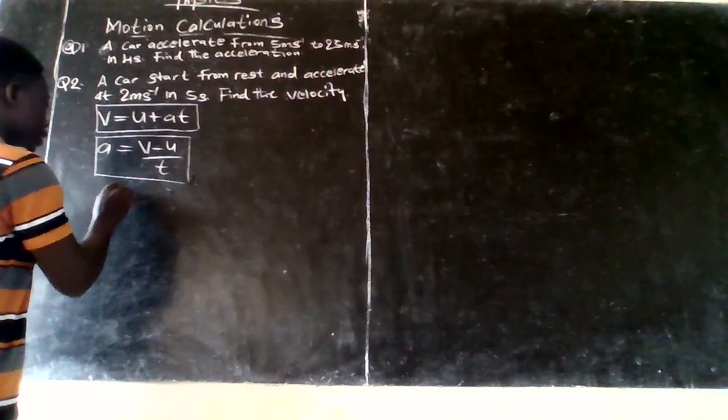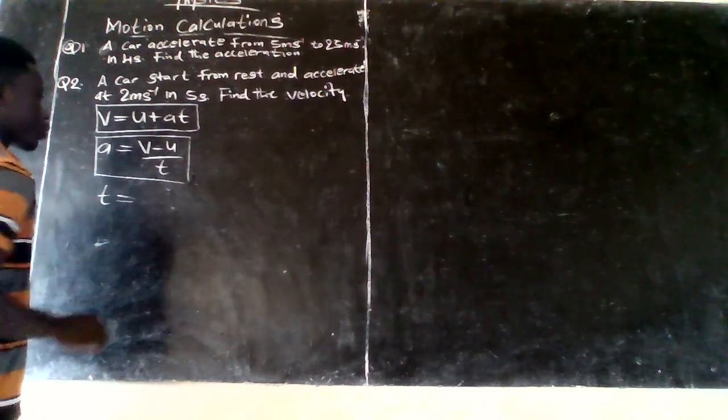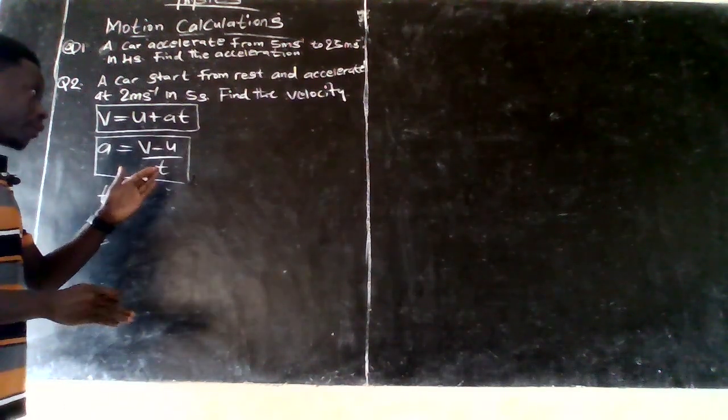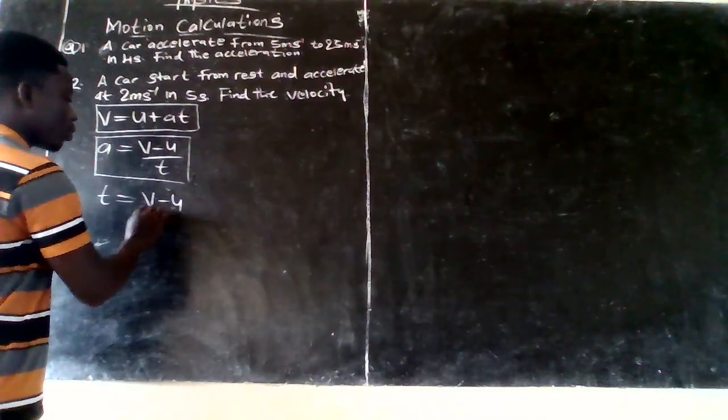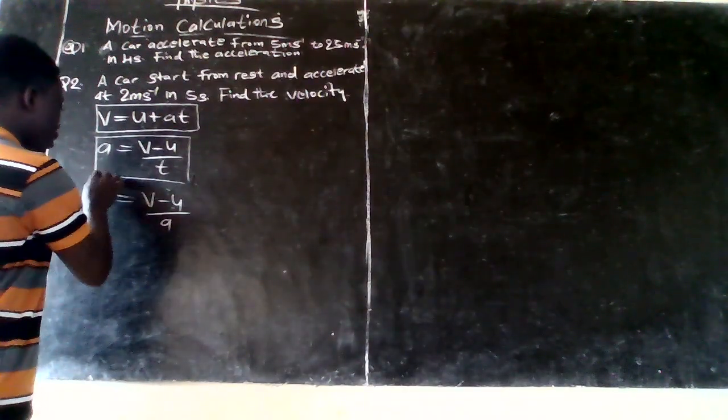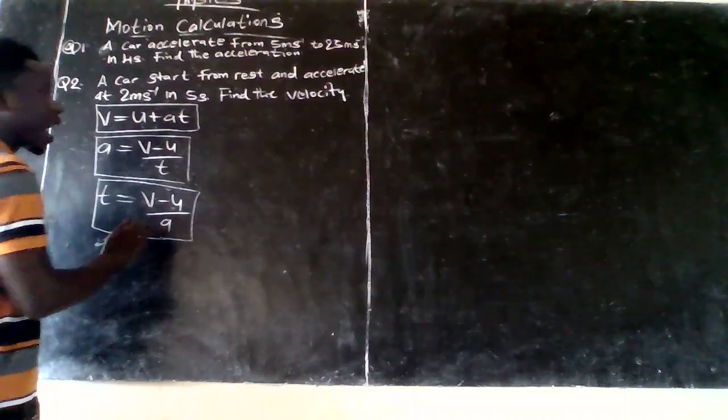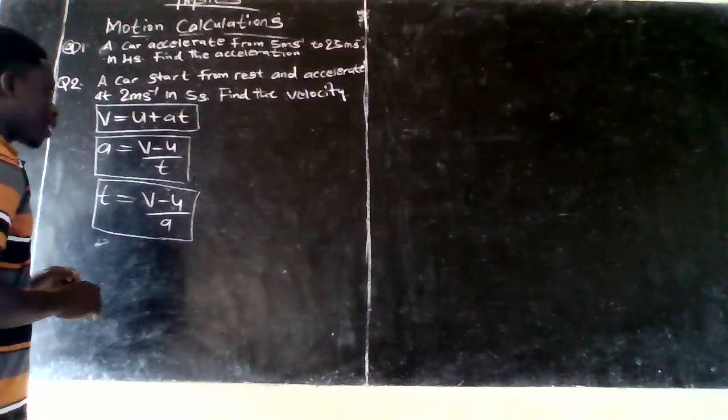Then T equals V minus U over A. Use this equation if you are asked to find the time.